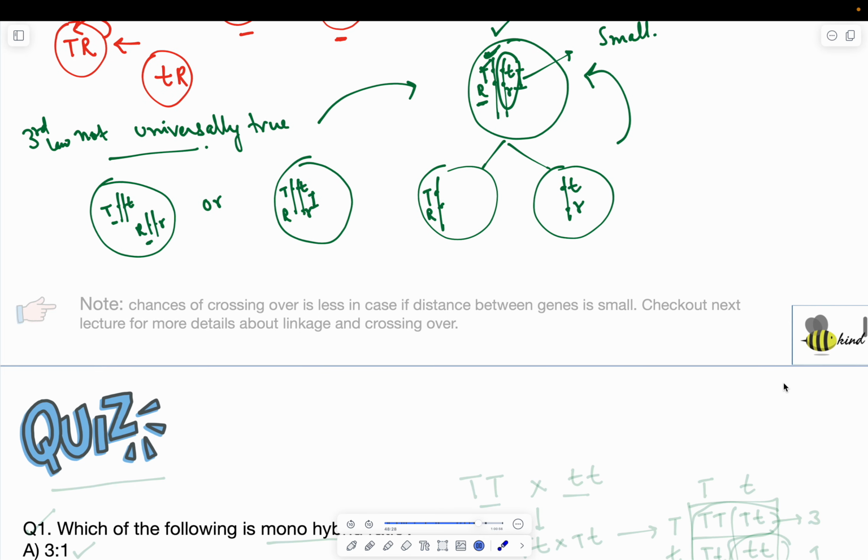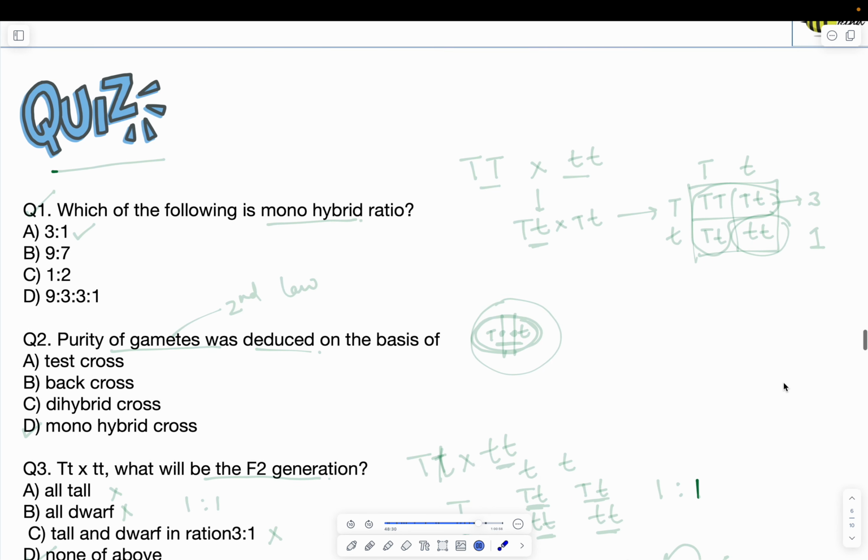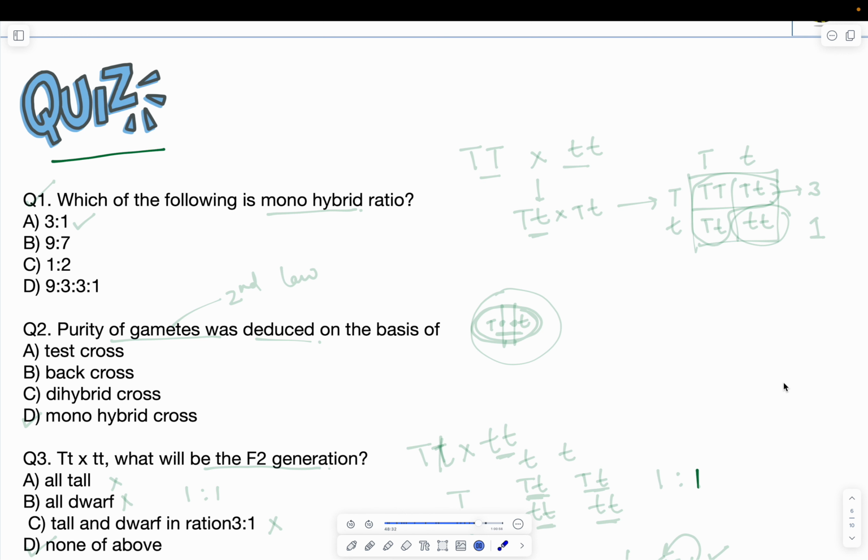So now we will practice some questions on Mendelism, right? Which of the following is the monohybrid ratio? You are well aware that when Mendel crossed two pure plants, pure tall and pure dwarf, the F1 generation were all tall and they were hybrids.